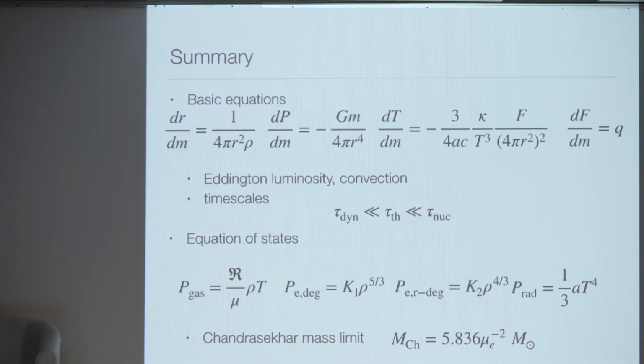So basically, for this first part of the lecture, that was what we discussed. We gave you the basic equations. Basically, there were 4 basic equations. I didn't discuss the luminosity equation, but there's not only energy radiation transport, but also convection.